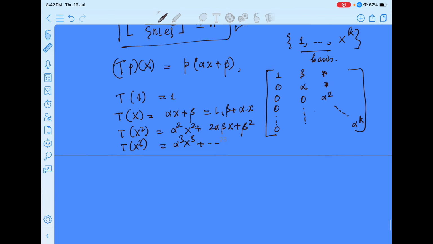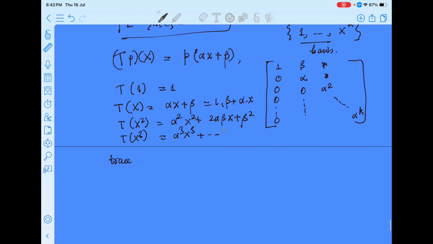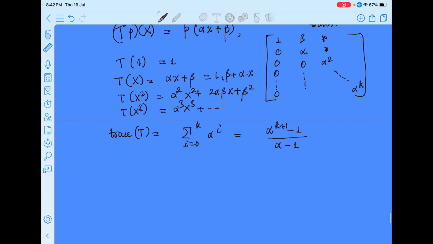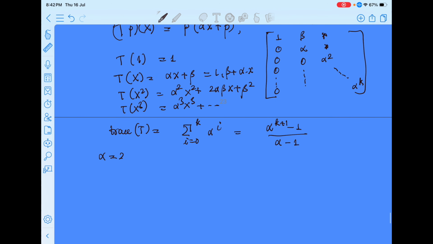They end up with alpha to the power k. Then what is the trace? Trace of T is the summation over i from 0 to k of alpha to the power i, which is alpha to the power k plus 1 minus 1 divided by alpha minus 1. In our case alpha is 2 and k is 10, so that is 2 to the power 11 minus 1 divided by 1, which is 2048 minus 1, which is 2047.